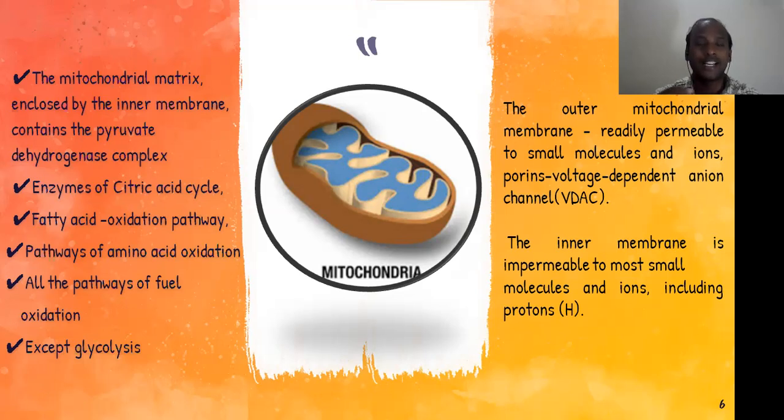This is possible because of a special kind of channel present, which we call mitochondrial porins, and also voltage dependent anion channels. These VDACs are present in the outer membrane of the mitochondria, so that small molecules and ions can be freely transported across the outer membrane.